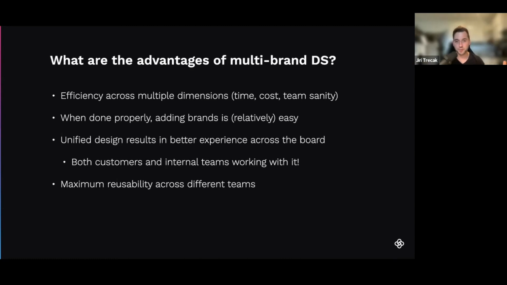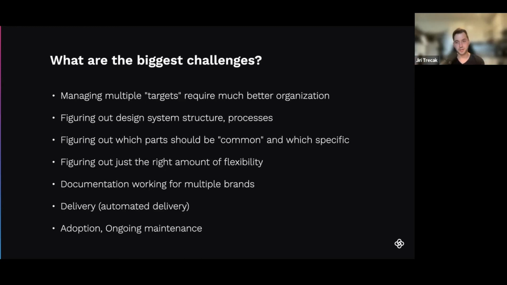Of course, reusability comes down to efficiency. This is, I think, obvious. What are some of the biggest challenges of design systems at scale, especially, but also in multi-brand? First of all, as you have seen in that spreadsheet that I was showing you, this was managing one brand, right? One design system.